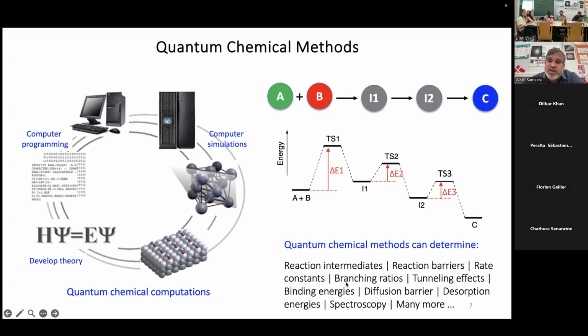You can compute rate constants, and if you have a complicated reaction system, you can analyze the branching ratios. If the reactions are happening at very low temperatures, you can compute quantum tunneling, and you can compute many other properties like binding energies, diffusion barriers, and even spectroscopy. And pretty much you can calculate anything now. Okay, so it's very nice.